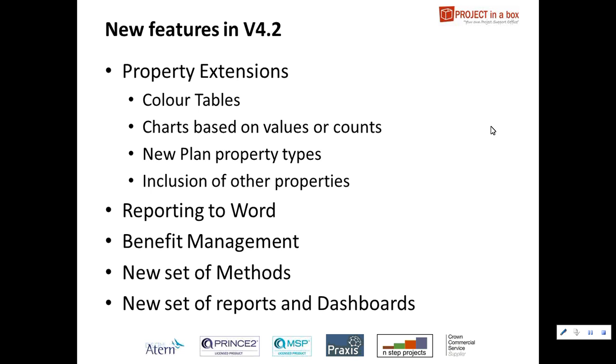Other features in the new methods are a simplified navigation diagram. Rather than giving project level task risks and issues, we give user level task risks and issues. That means that everybody can access from the same diagram, making it easier to customize and change your methods, and those with additional permissions can then go on and look at project level, portfolio level, other users, task risks, issues, resources, etc. So obviously capping all that, bringing it together, is a set of reports and dashboards.